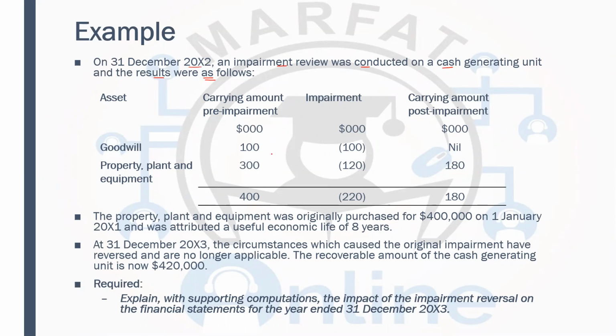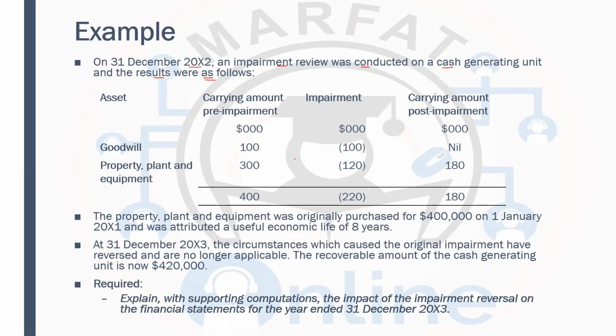So you see, the goodwill has been fully written off. And once the goodwill has been written off, you cannot reverse the impairment related to the goodwill because it is going to be internally generated goodwill then.